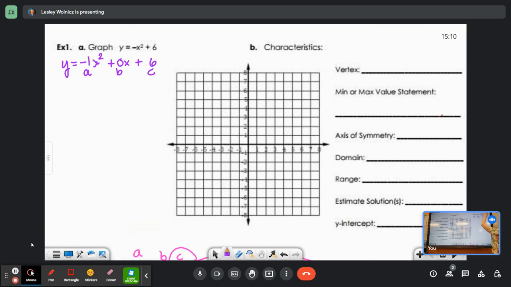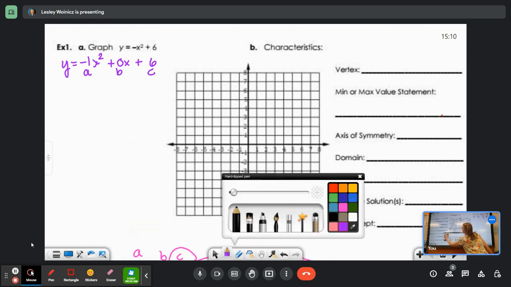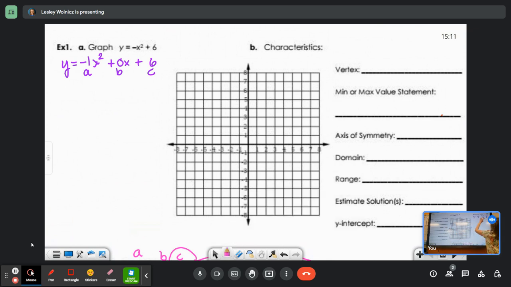All right, so let's find our h. We can get our h by doing negative b over 2a. Our b is 0, so we do the opposite of 0, which is still 0. And then we do 2 times our a, which was negative 1. So we have 0 divided by negative 2.